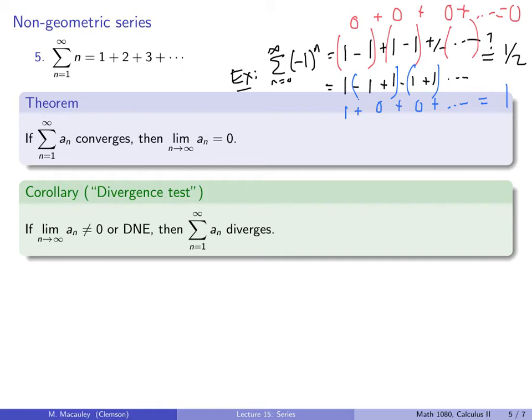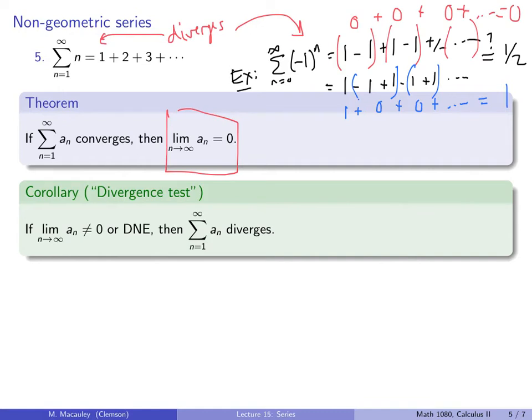So this test says, if a series converges, then the limit of the terms has to go to 0. So that means obviously this diverges, but also this one diverges as well, because the limit of the terms does not go to 0.